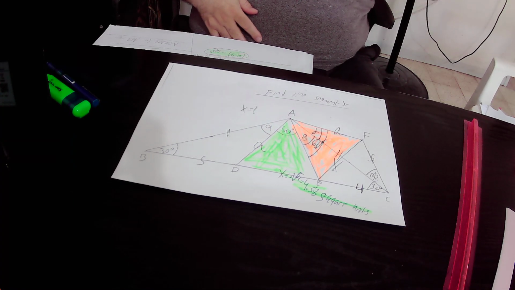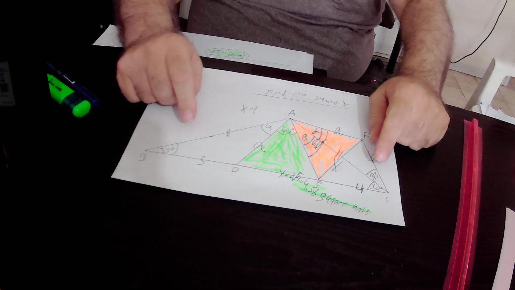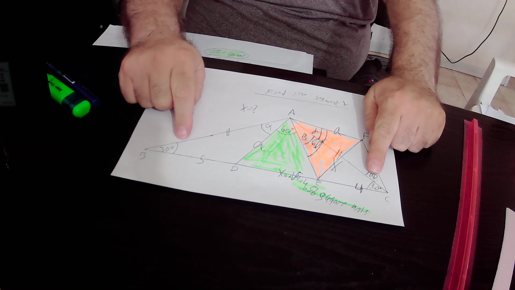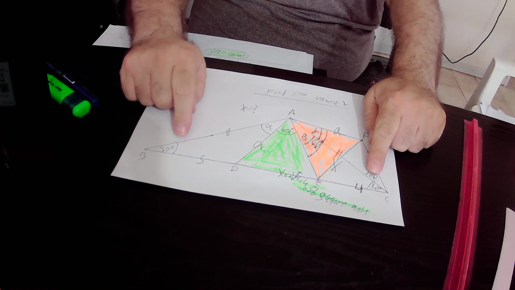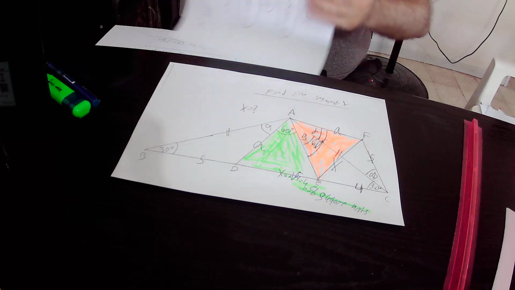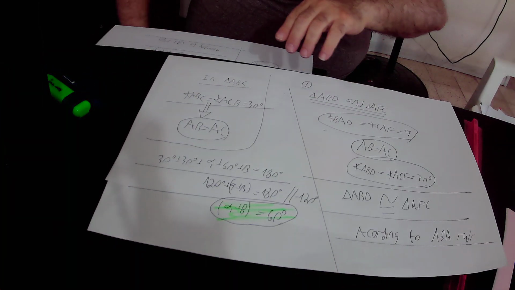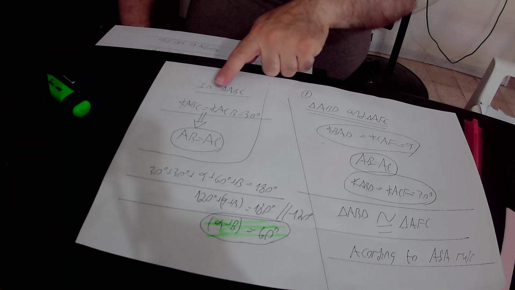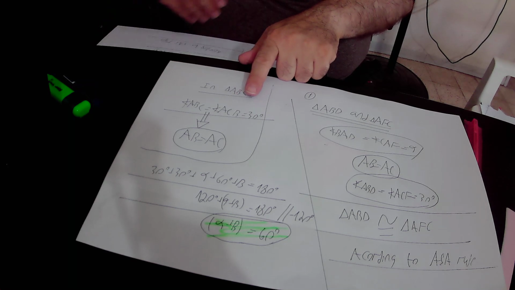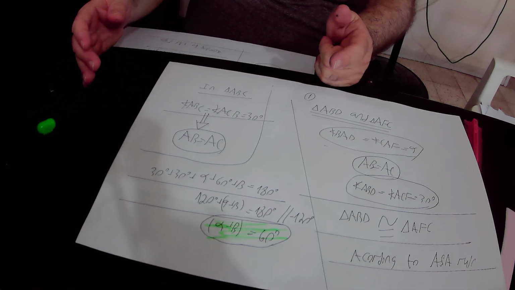Okay, so first of all we focus on triangle ABC. In triangle ABC, those two angles are equal to each other. They are both equal to 30 degrees. So angle ABC equals angle ACB.